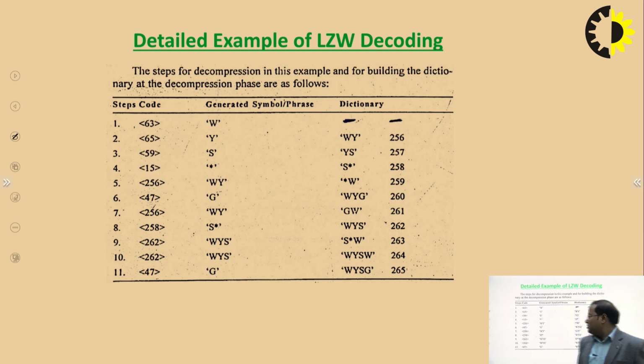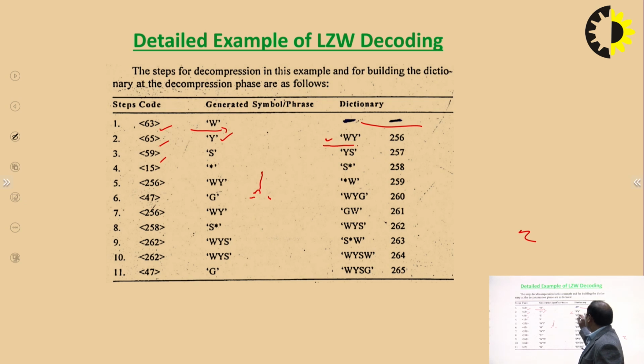is performed. So here 63, 65, 59. 63 represents W. So at the dictionary position, we will start from here because we require at least two elements, W and Y. So W at the 63 position and Y at the 65 position.